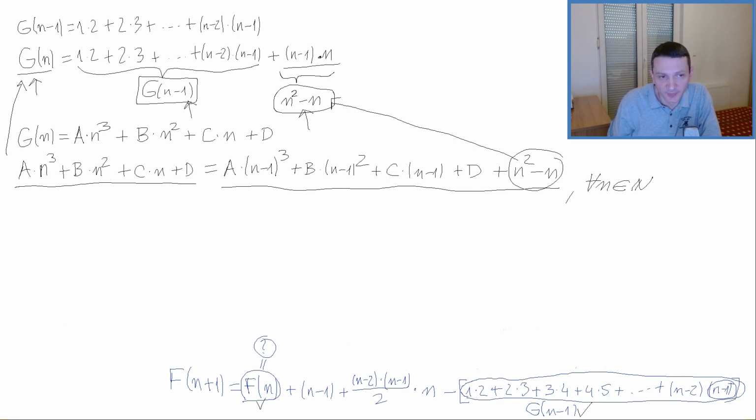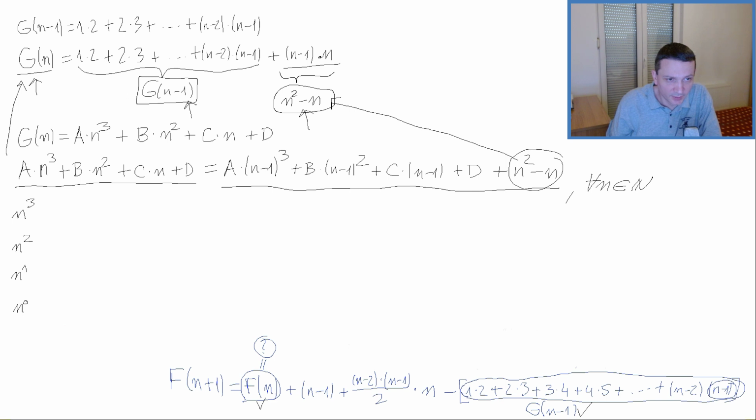So the coefficients in front of n cubed on the left should be equal to the coefficients in front of n cubed on the right. Also for coefficients of n squared, just n, and n to the power of 0, which is the free coefficient on the left and free coefficient on the right.